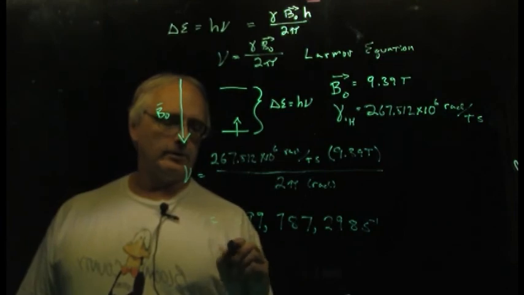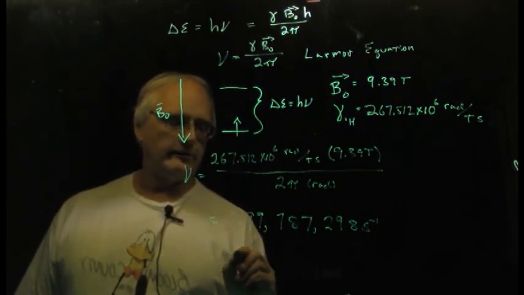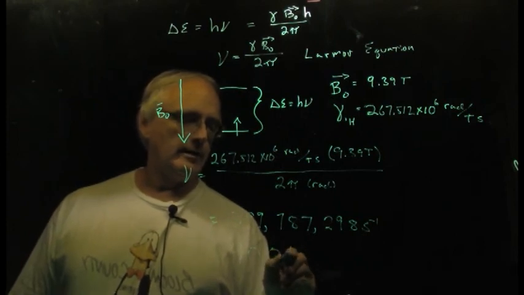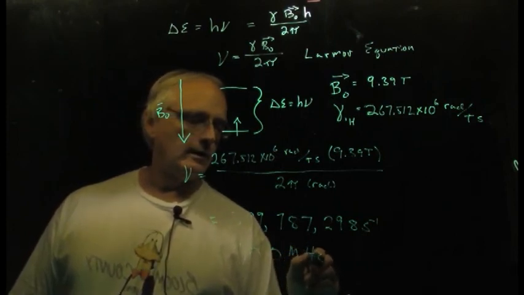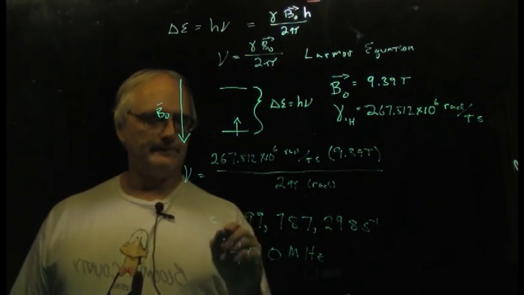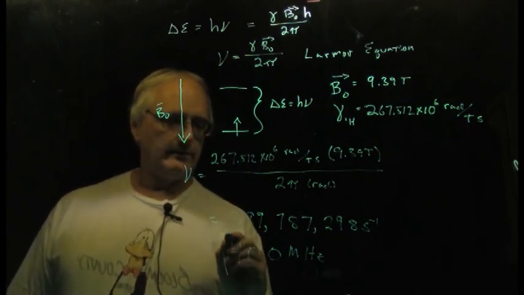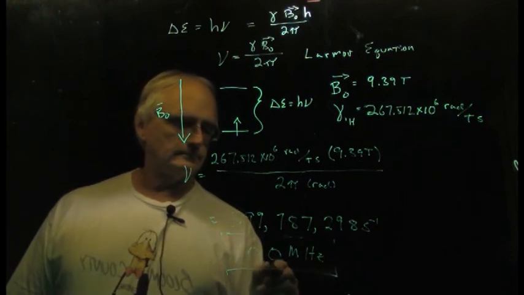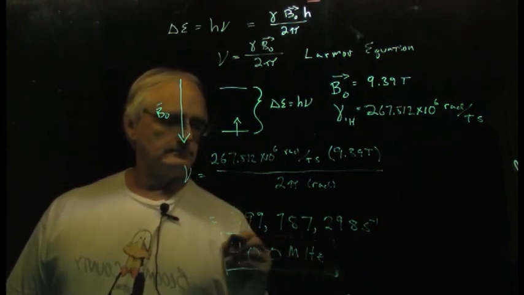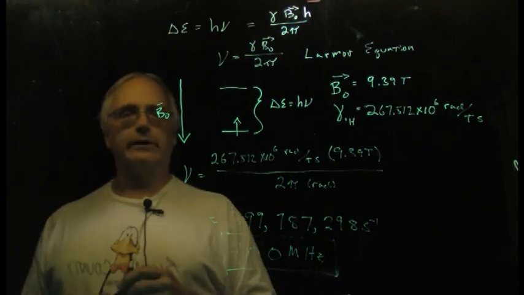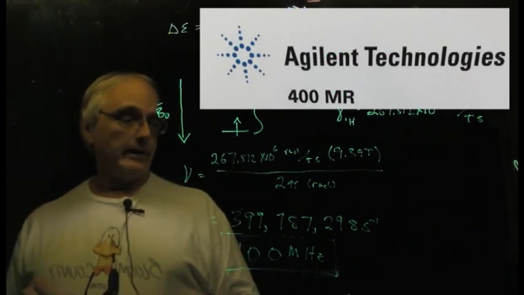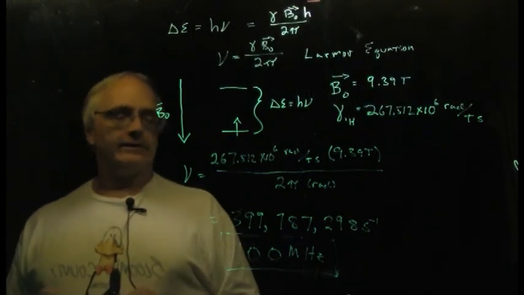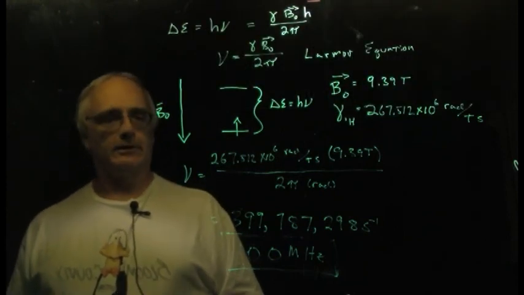And that is why you will often see it simply written out as 400 megahertz. And when you look at the instrument, that's the number you're going to see printed on the magnet itself. That's why we say, at Georgia Southern, we have a 400 megahertz NMR spectrometer.